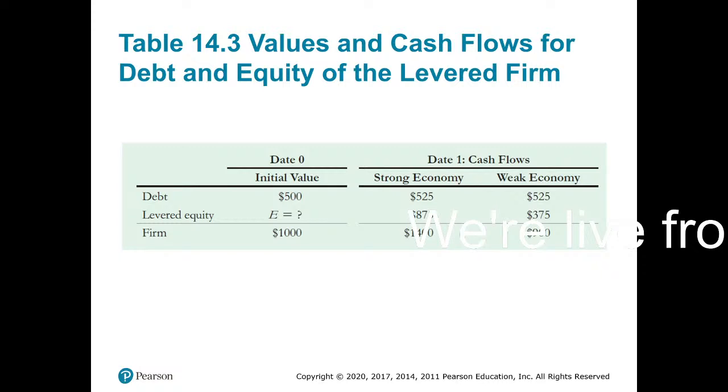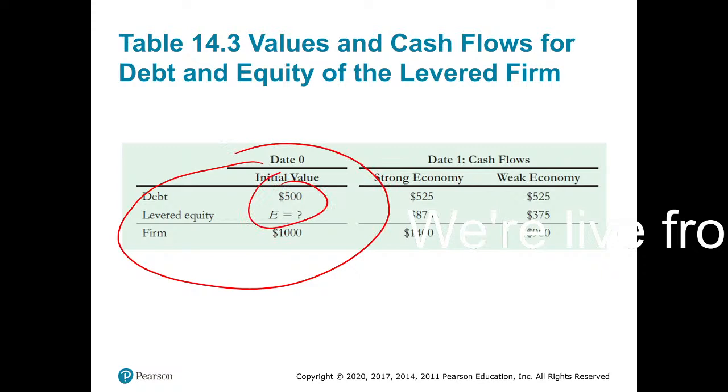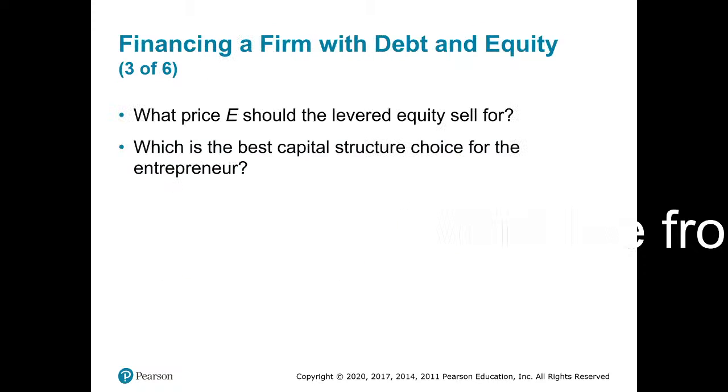If you look at the law of one price, this sum should equal 1,000. So this E should be 500. And if E is indeed 500, what's the shareholder return? Then we can do a calculation. So the E should sell for 500.